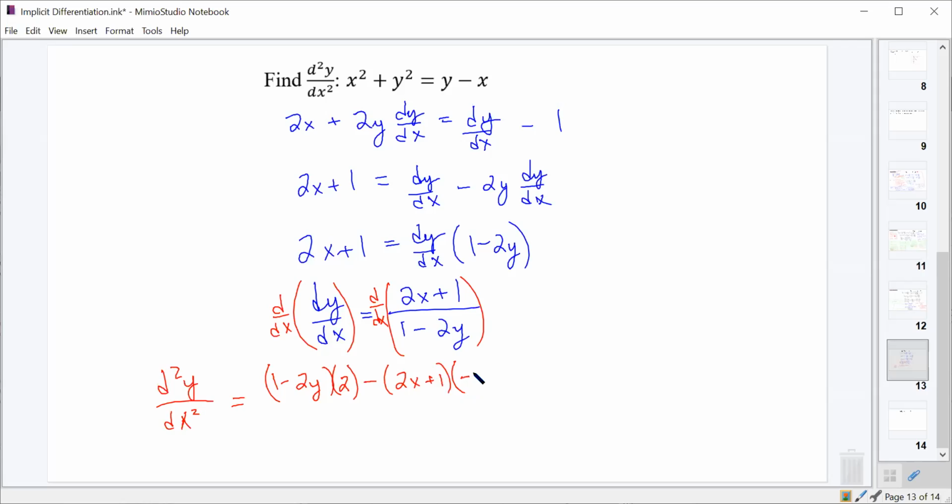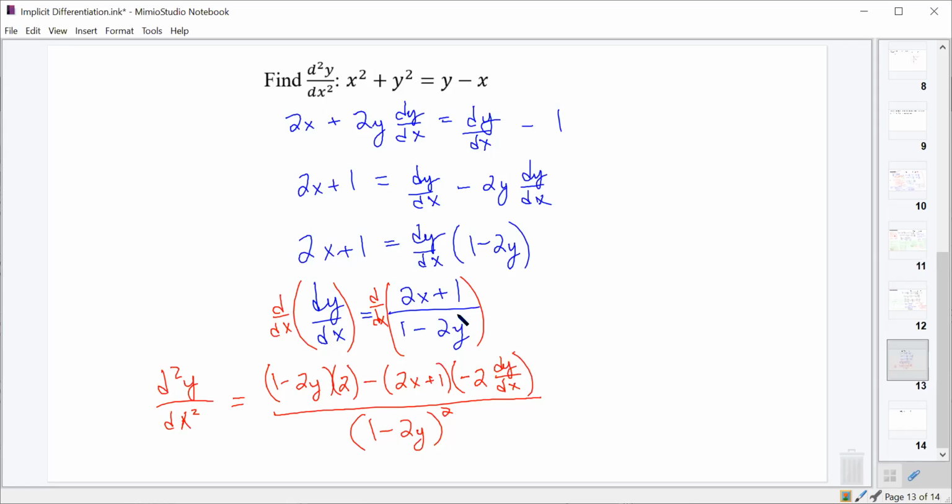Negative 2 dy/dx. Exactly. Don't forget the dy/dx. We're still taking the derivative of a y term with respect to x, so you have to attach the dy/dx. Good. And then all over (1 minus 2y) squared. The denominator doesn't get a dy/dx because we didn't take the derivative of it. It's just squared.